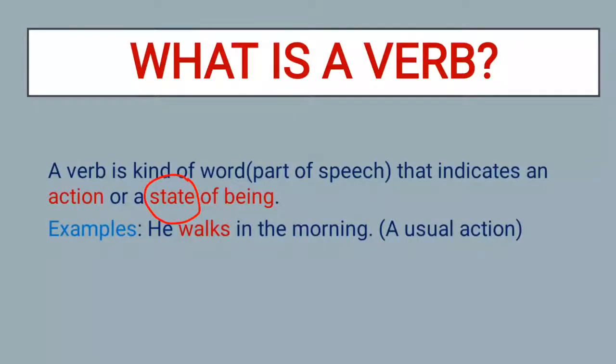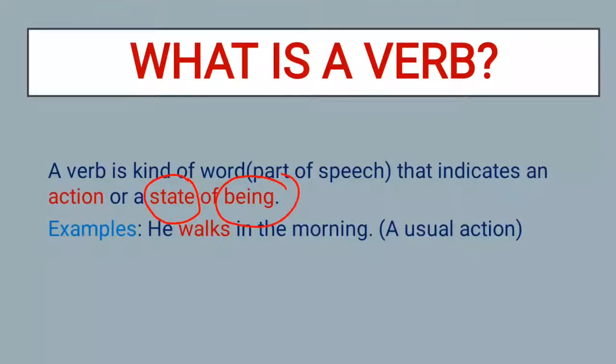State is about present tense, past tense, or future. For present, we use is, am, are. For past, we use was, were. For future, we use will. And being here refers to state of existence.